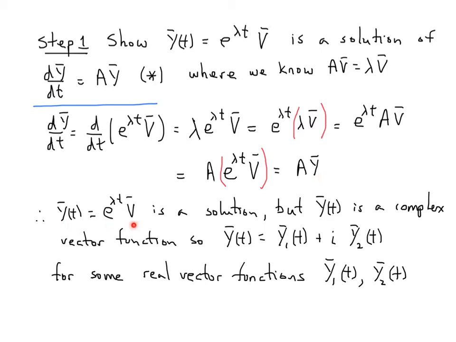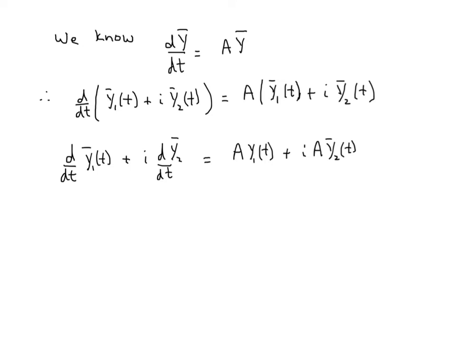And so e to the lambda t v is a solution, but it's a complex vector function, and so we can write it with its real part and imaginary part for some real valued functions y1 and y2 of t. So we know, I've already shown on the previous slide, that this is a true statement.